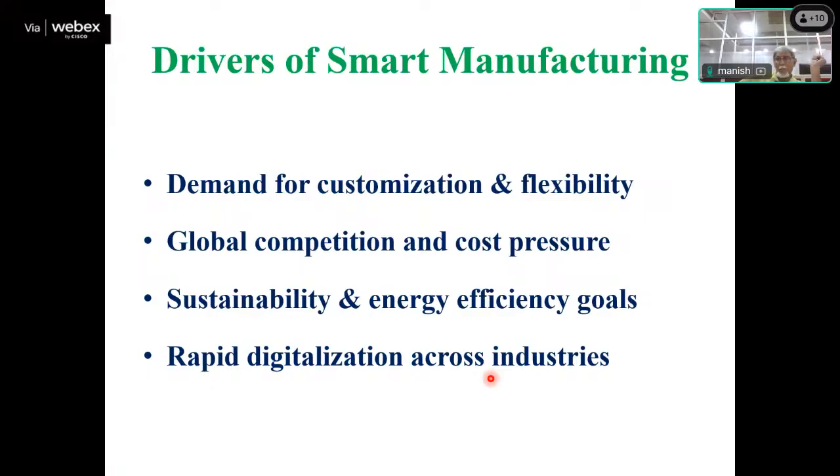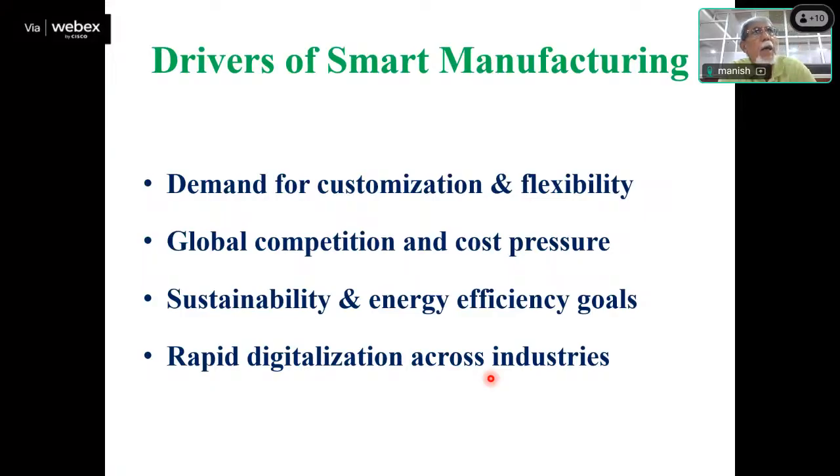The other issue is that there is tremendous competition. The transnational manufacturing industries are there, so there is tremendous global competition, and naturally, to win the race, we have to sustain the cost pressure.